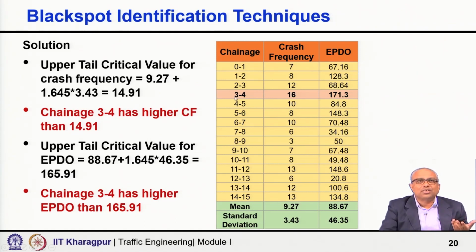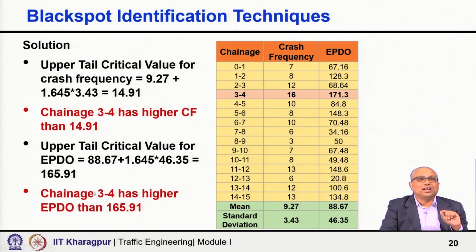So, now I will search whether I have got any crash frequency value which is more than 14.91, and you can find you have got only one location where the crash frequency is higher than the upper tail critical value. So, only that will be recognized as a black spot, no other location.